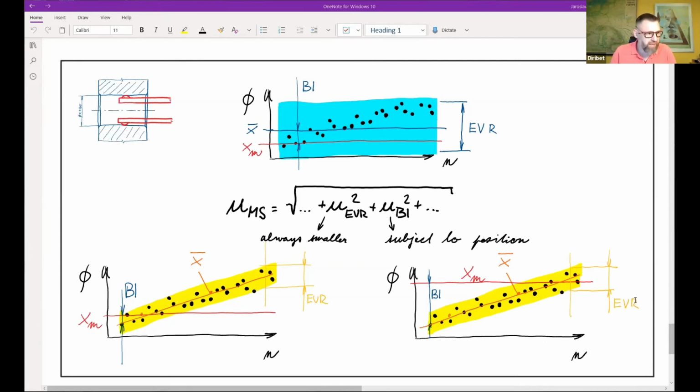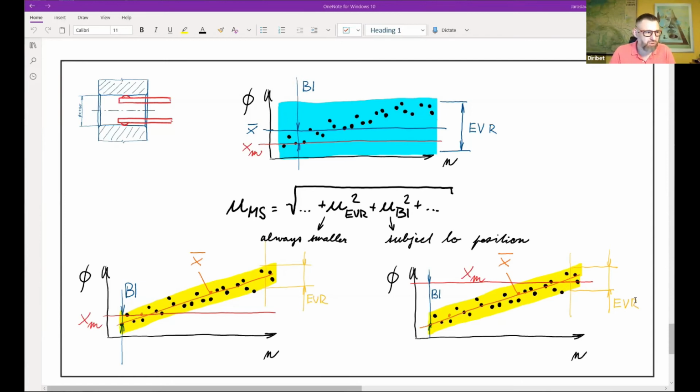The equipment variation, the width of this band, it always decreases. It can at most stay the same, but if you try to eliminate the trend, and you will find out that it is not exactly the straight line, that it is inclined in either way, it will always decrease.